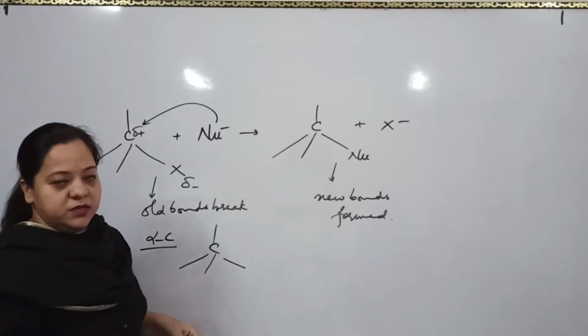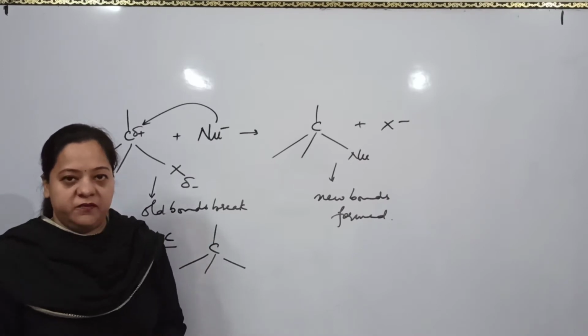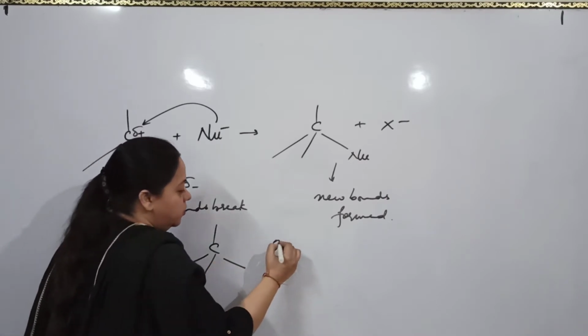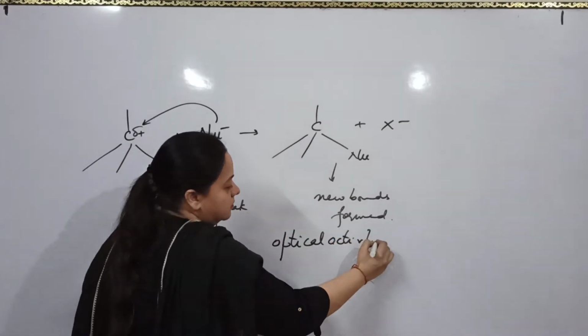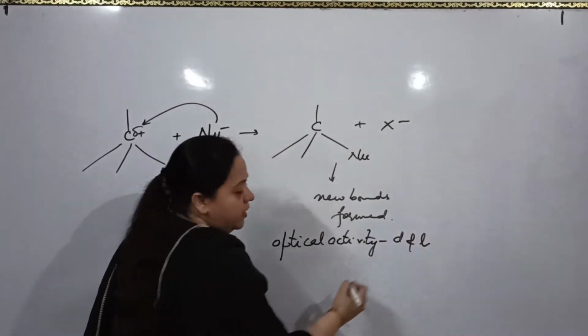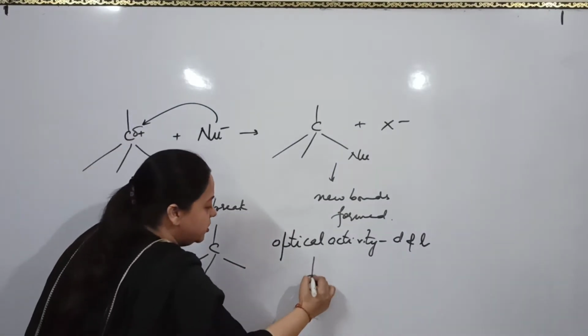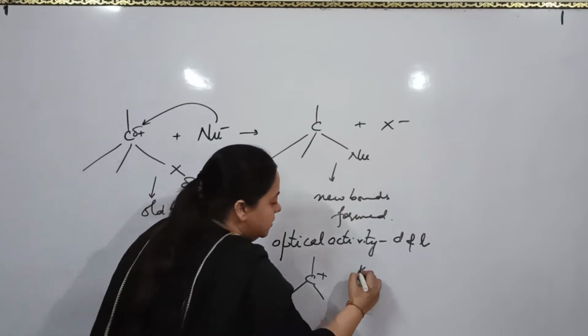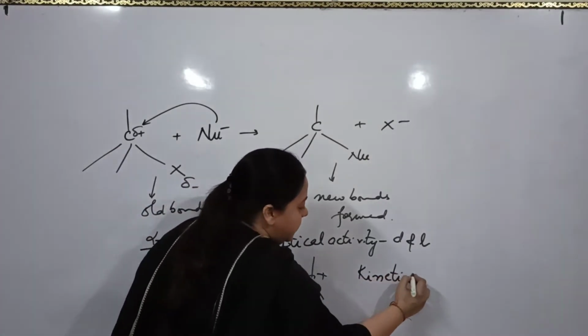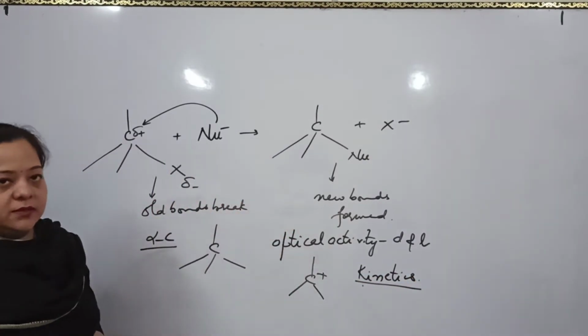In addition to these concepts, before starting with this lesson, you must know what is optical activity, that is D and L isomers, the structure and chemical reactivity of carbocations, and the concept of kinetics of chemical reactions.